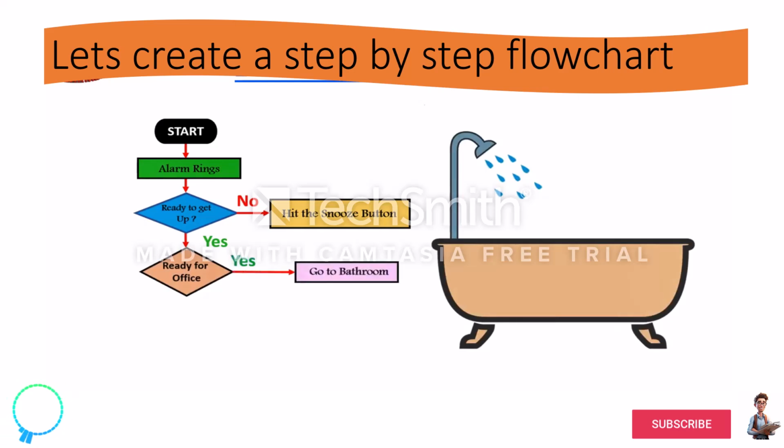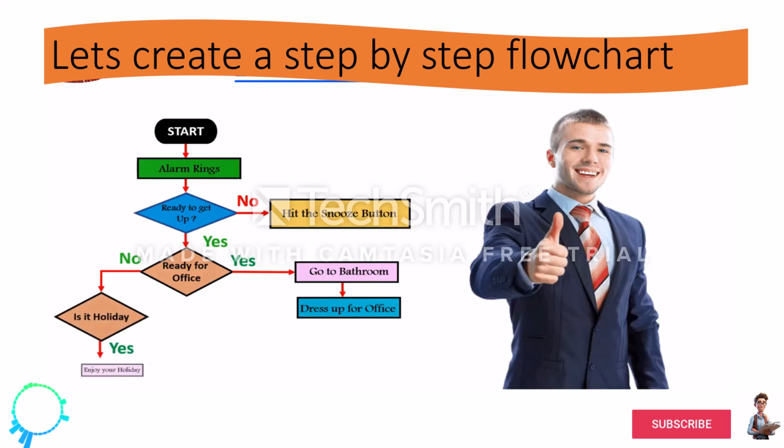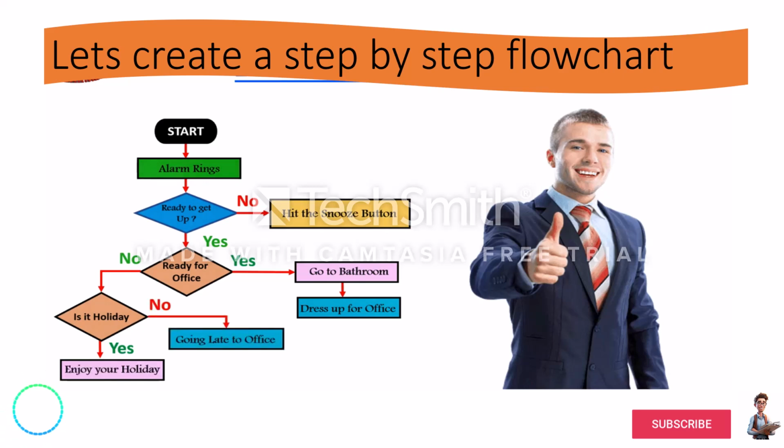Yes, then probably go to the bathroom, take a shower and dress up for office. But what if you are not ready for office? Then we'll have another decision, like is it a holiday? Is it a weekend? If the answer is yes, then enjoy your holiday. But if it is no, then probably we must be going late to the office. This way we will close our loop with another terminal.